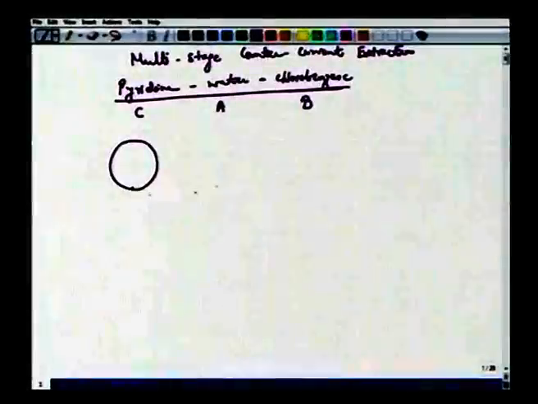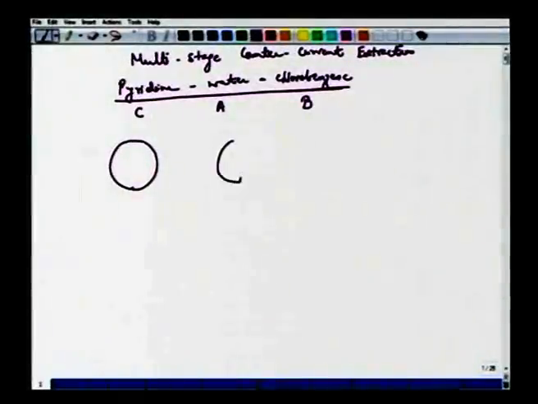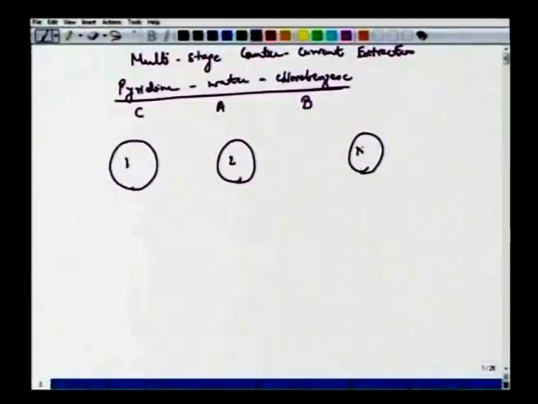So let's draw a couple of stages here, 1, 2, and we say the last stage is NP. Then we have this feed F, this extract E1. Then we have this R1, then this is E2.